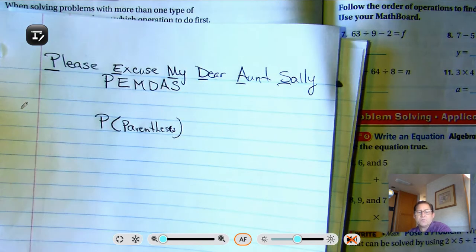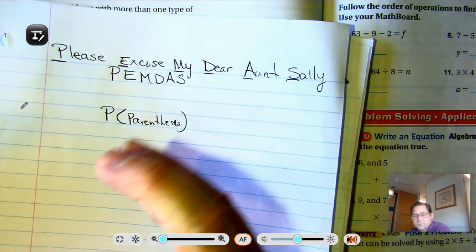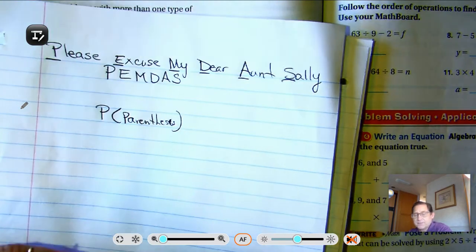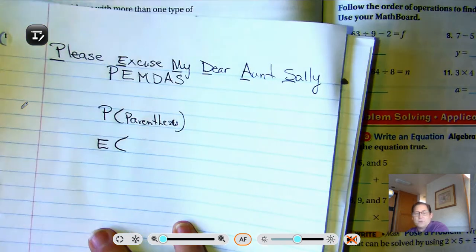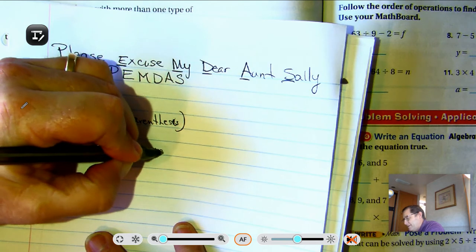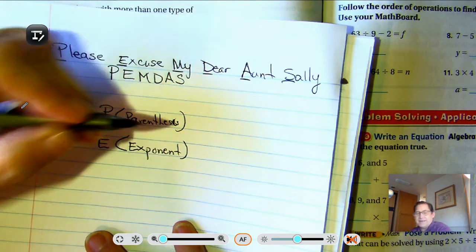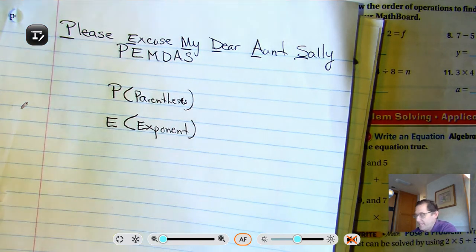Okay, so that's the most important thing in math. If there are parentheses symbols, we have to do whatever's in those first. And then that would be followed by something called an exponent. And in third grade, we don't deal with exponents, so that's why on our page it started with multiplication.